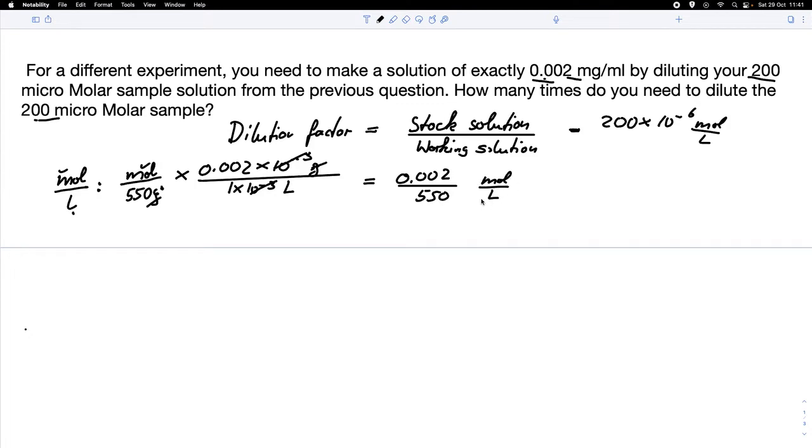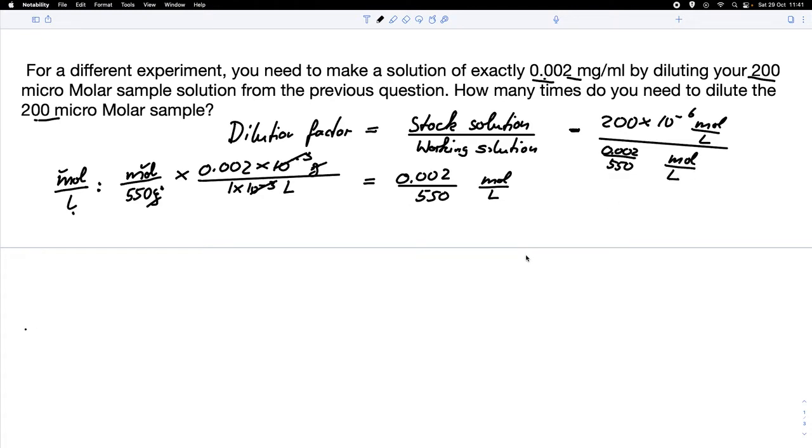That is the concentration of our working solution. So we can put that into this equation here. So divided by 0.002 over 550, and the unit is again mole per liter.